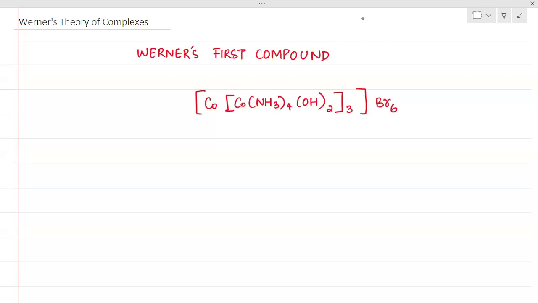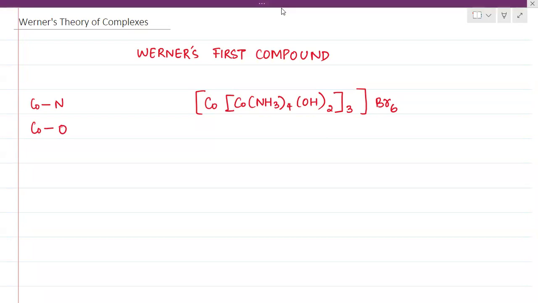So this is Werner's compound. And the question was, how many cobalt nitrogen and how many cobalt oxygen bonds are present in this particular compound? That was the question.